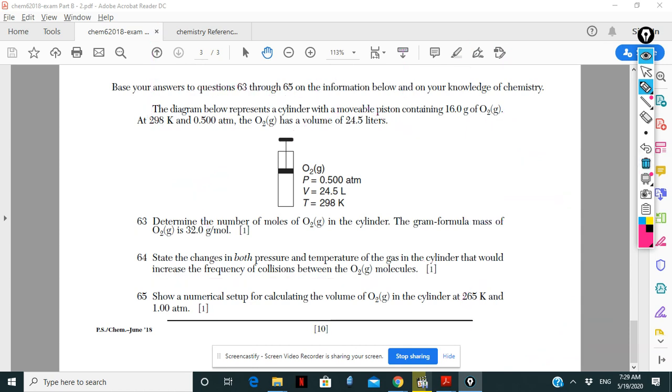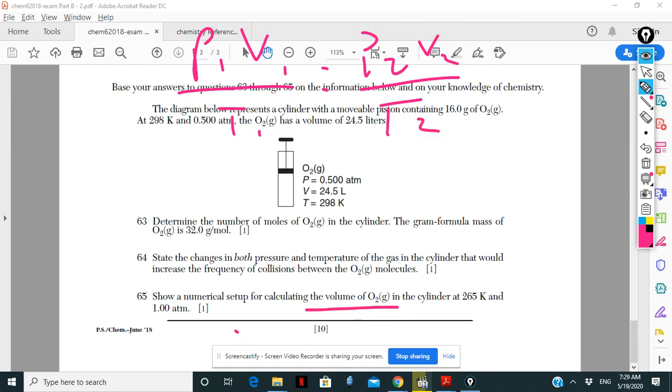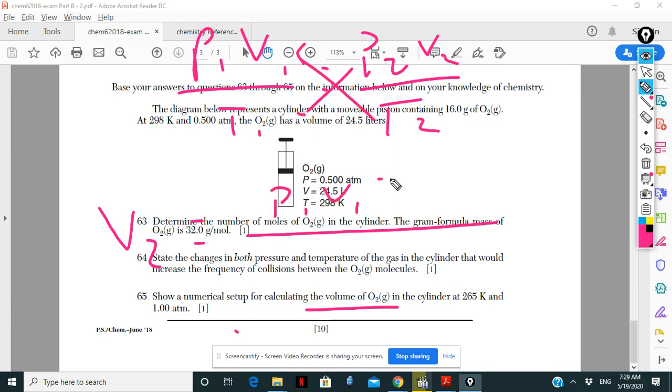Now, show the numerical setup to find the volume of the gas in the cylinder. Okay, so I use the combined gas law: P1 V1 over T1 equals P2 V2 over T2. You want a numerical setup to find the volume, so V2 equals P1 V1 T2 divided by P2 T1. Now, what was the pressure first? Half. What was the volume first?